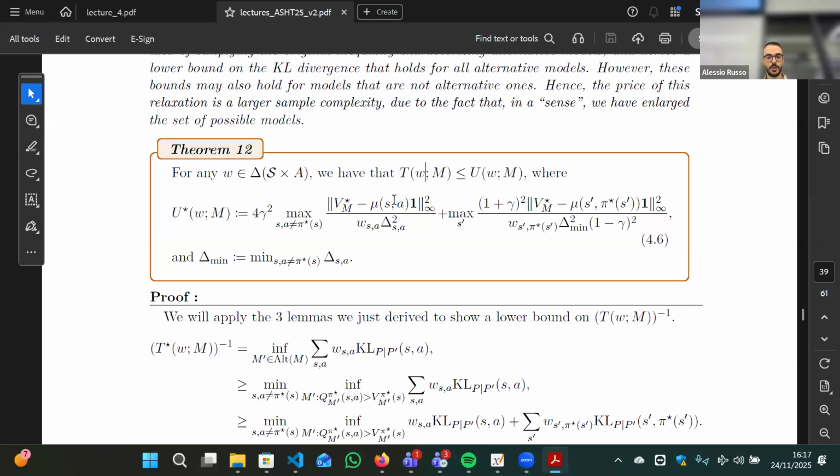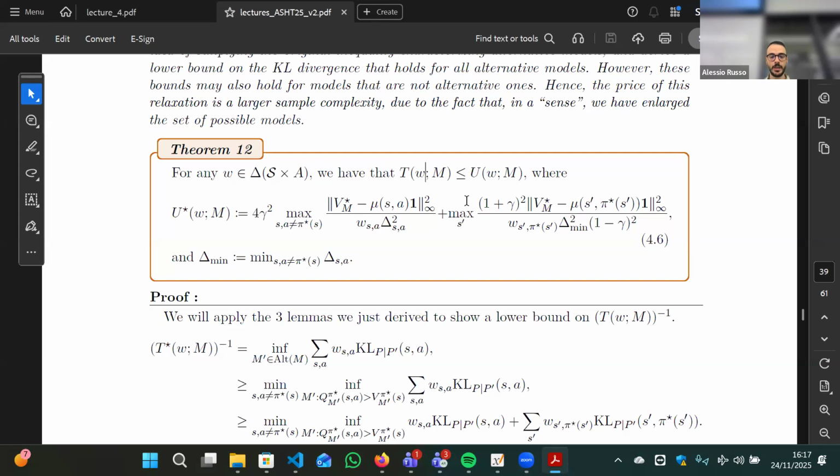And the relaxation here is given by the sum of two terms. As you can see, in the first term, we have the suboptimality gap squared in state action SA. And then we have this additional term that accounts for the minimal gap. This result shows how the properties of the MDP come into play and how these properties affect the sample complexity.